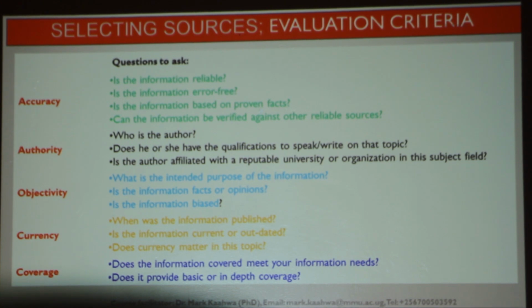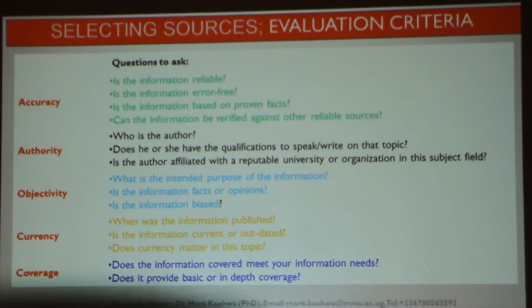Does currency matter in this topic? Because depending on what research problem you are investigating, we always emphasize that you cite current literature. That is an aspect of currency. I will just give an example.